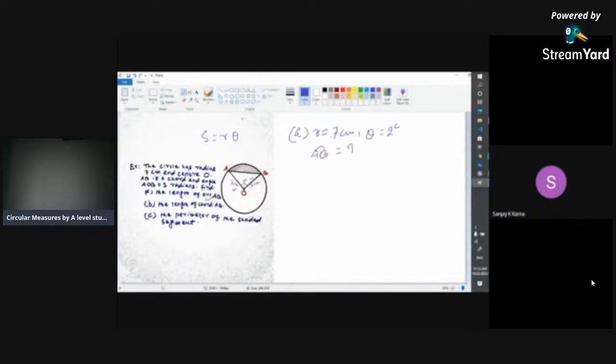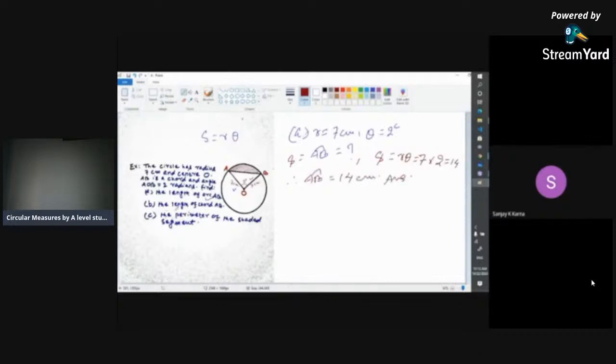In fact this AB is S, and we know that S equals R theta. The R value is 7 and the theta value is 2, so it is 14. Therefore your arc length is 14 centimeter. This is the answer for question A.